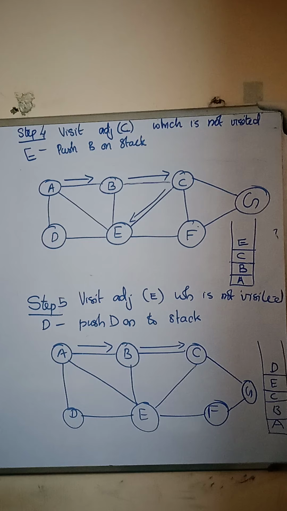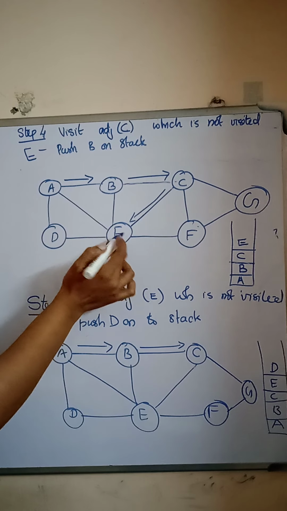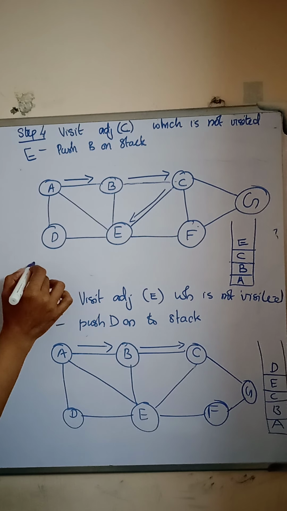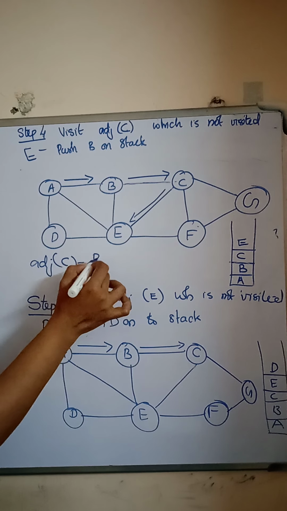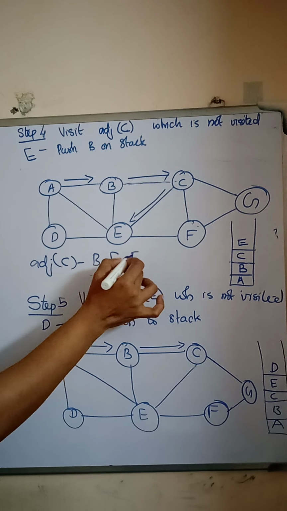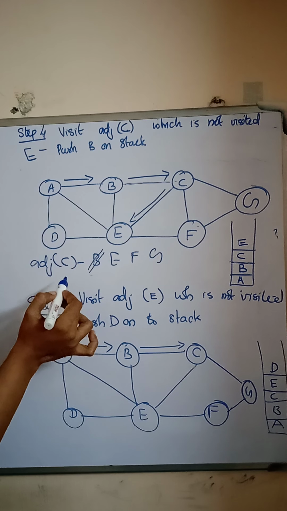In step 4, visit the adjacent of the node C. The adjacent vertices of C are B, E, F, G. B is already visited.